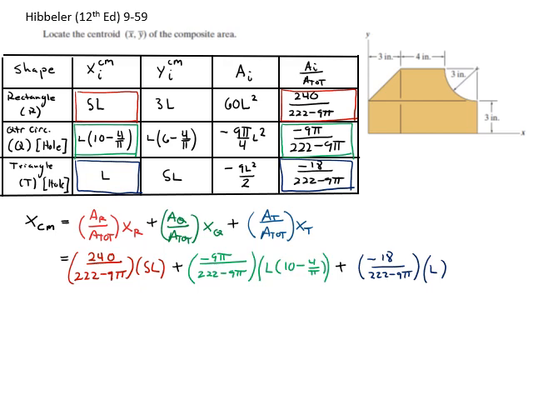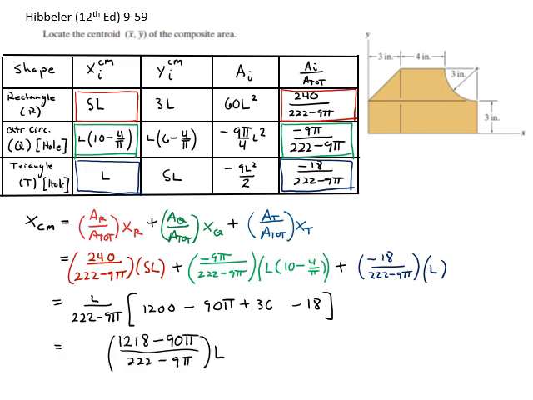So let's simplify it. Everywhere I've got an L, 222 minus 9 pi. And then here I've got 5 times 240, that's 1200, minus 90 pi plus 360 minus 18. Sorry, just a small mistake, 36, not 360. And then let's simplify that whole thing.